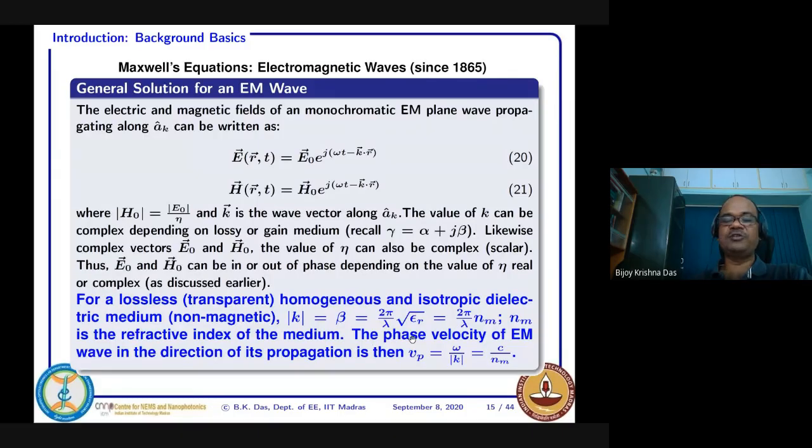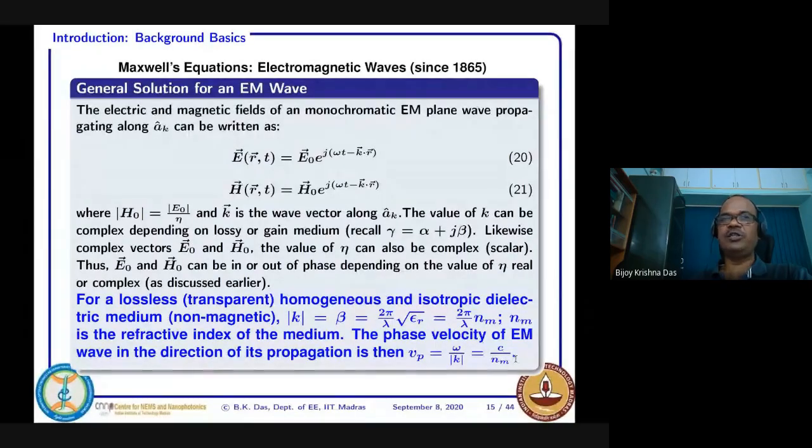The phase velocity of the electromagnetic wave in its direction of propagation is then omega by k, that is called phase velocity. Omega equals 2 pi c by lambda, omega equals 2 pi f, and mod of k is equal to 2 pi by lambda times Nm. That means the phase velocity will be c by Nm.